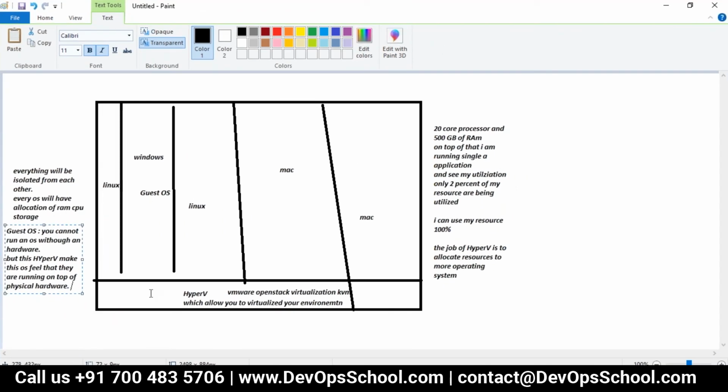No. If you don't have Hyper-V, it is on top of Hyper-V only that we are installing those virtual machines. A hypervisor is a technology which allows you to run virtual machines on top of your physical hardware. Clear? Okay.